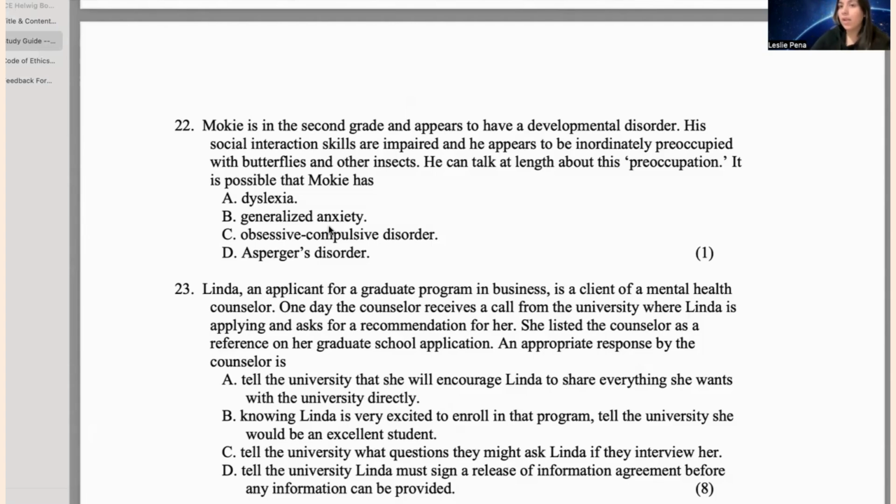OCD, he would be doing rituals, compulsive behaviors, as well as intrusive thoughts. Asperger's is within the autism family, and one of the main things is it's a developmental disorder. They don't do too well with social interaction, and they have hyperfixations on things. So the answer is D.